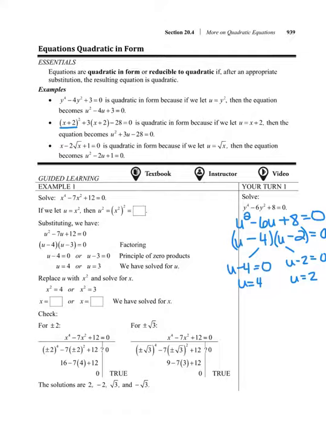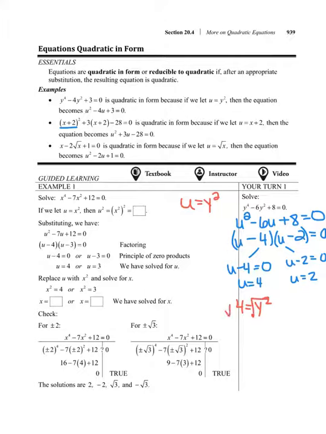But remember, my original equation is not in the form u squared minus 6u plus 8. It's y to the fourth minus 6y squared plus 8 equals 0. So what I need to do next is, since u was equal to y squared, we're going to say 4 equals y squared, and then solve for y.